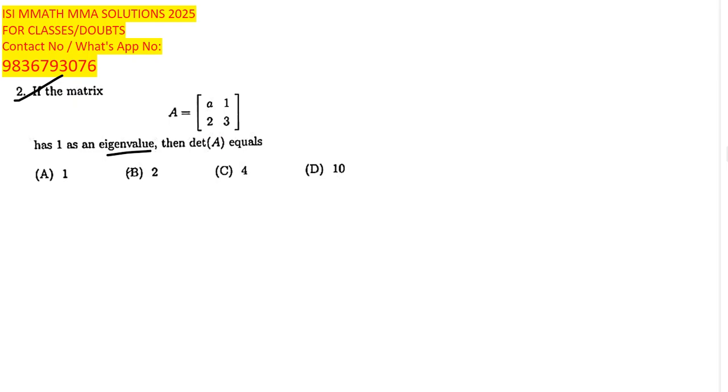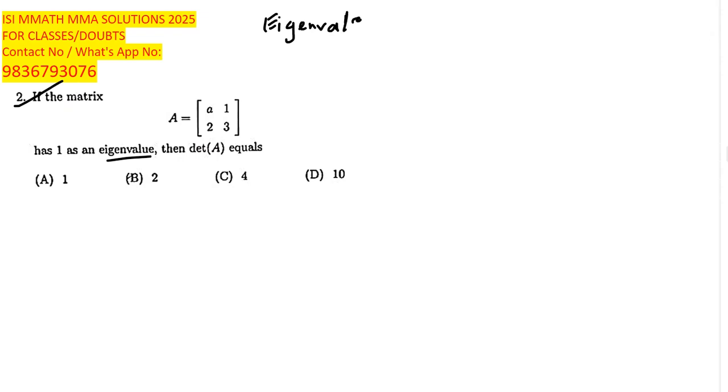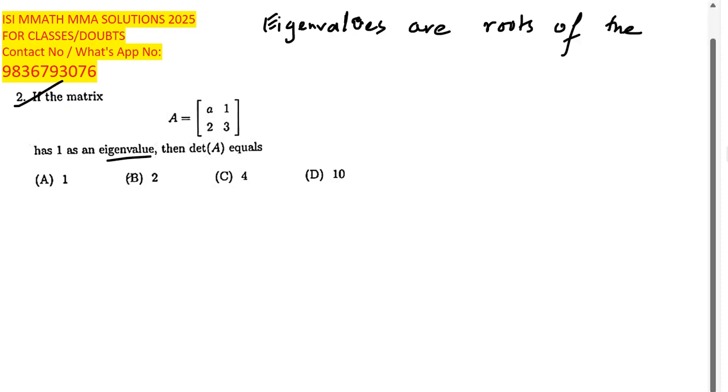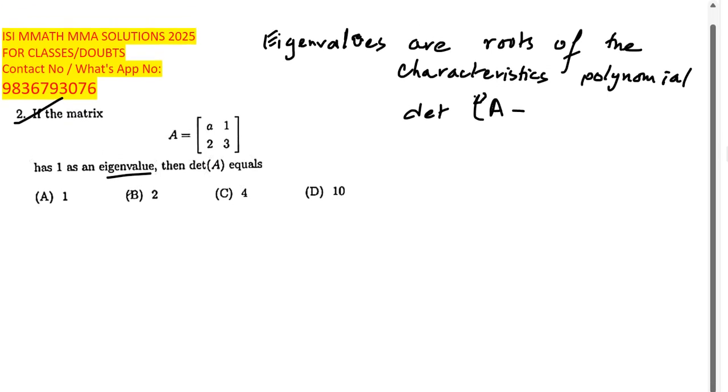Now we know what eigenvalues are. Eigenvalues are roots of the characteristic polynomial. So the determinant of A minus lambda I is 0.